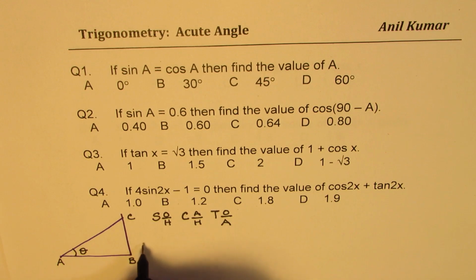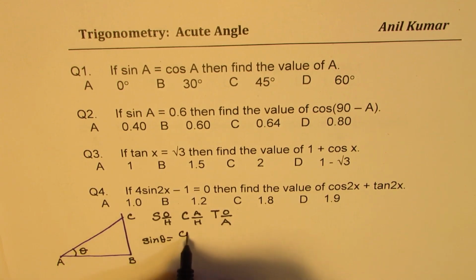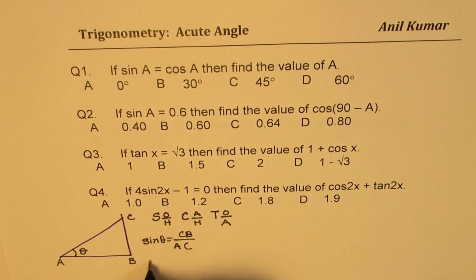So in short, we can find sine theta as equal to CB over AC. Cos theta will be equal to the adjacent side, which is between the angle and 90 degrees, will be AB over AC, right?